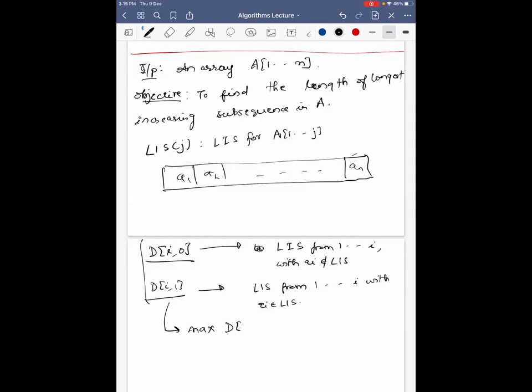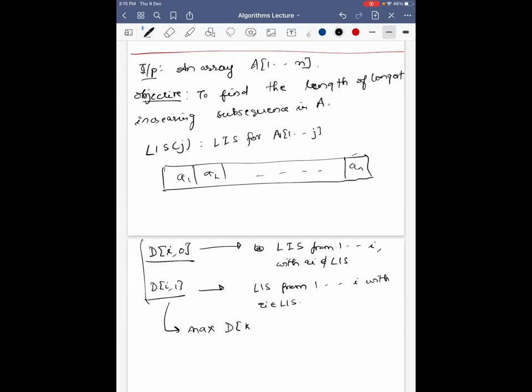In this way, for each element AI, we check the elements 1 to I minus 1, and we can compute DI1, and DI0 would simply require the maximum of the two.